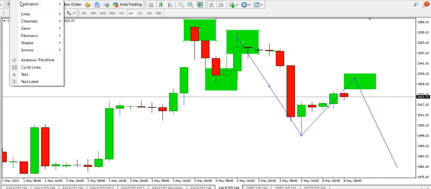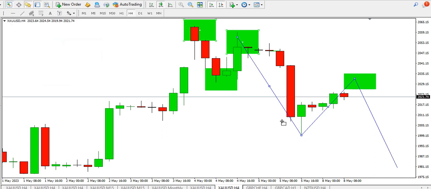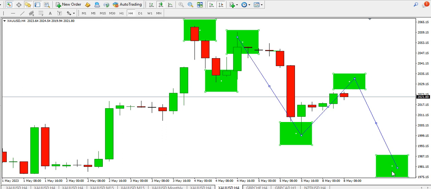Then we have a lower low on the 4-hour time frame. This very low is lower than this very low. So then we might have a lower high on the 4-hour time frame for us to now establish another lower low, and that would be a trend development.